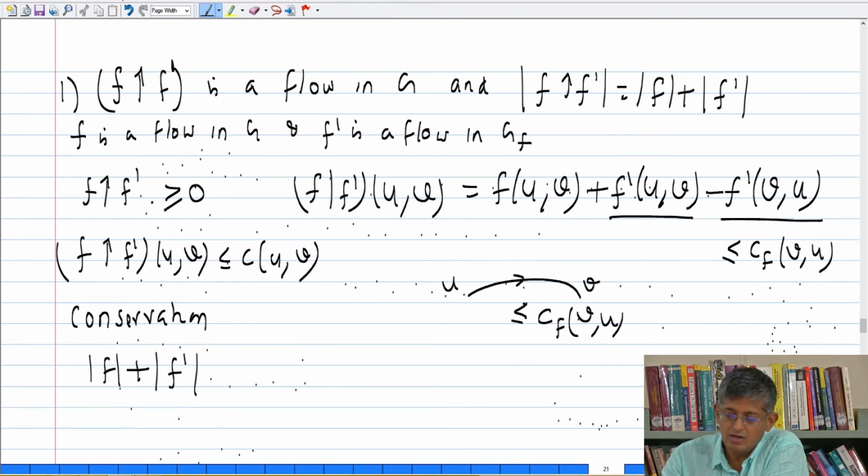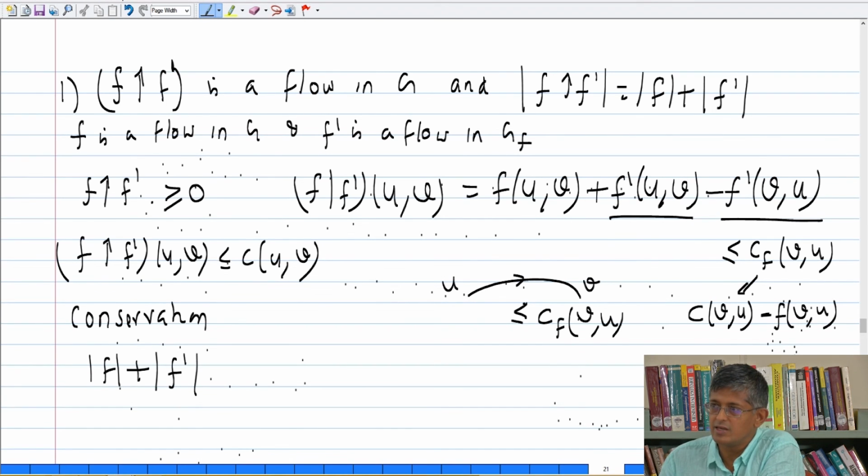There are two possibilities here. You might have written this as c of v comma u minus f of v comma u, right? No?